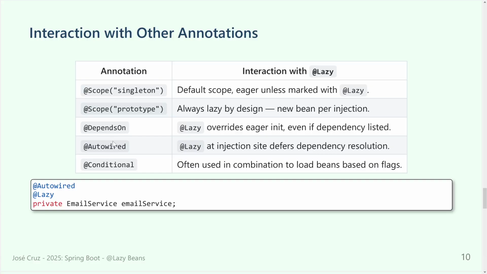And then there are annotations that I haven't talked about yet, and I will in the near future, which is depends on. You can say a bean depends on another bean, so it's initialized after the other bean is initialized. It's not the same as injecting. It's not that you say, okay, I will inject that as a dependency. It's different.